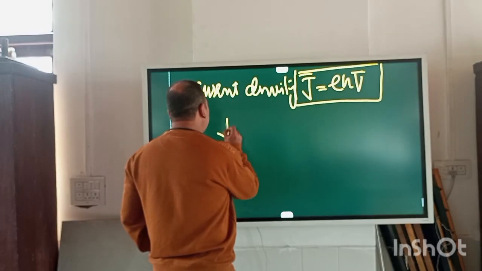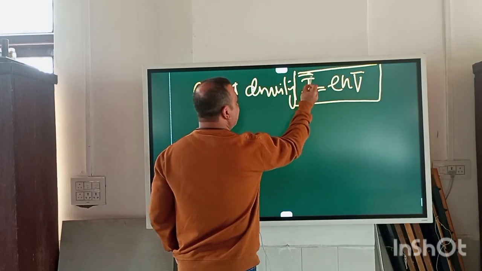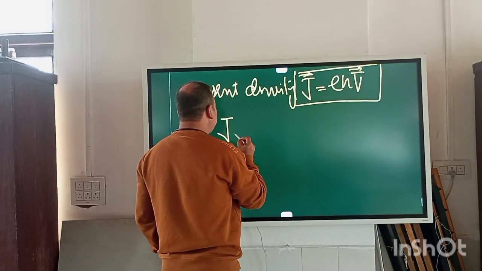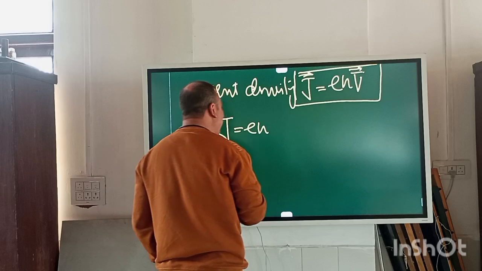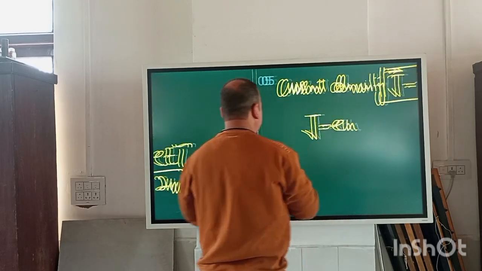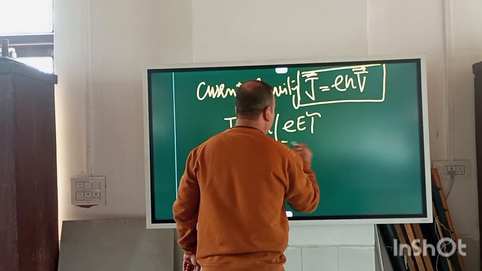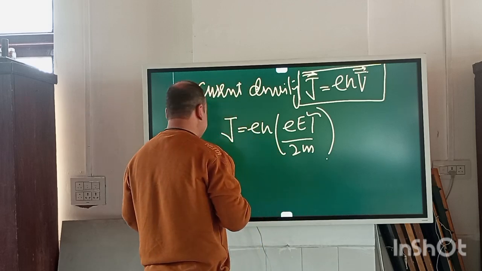So I can write down this J as, it is a vector, so I'll be writing its magnitude, that is e n. For v average, what I have calculated right now is eE tau by 2m.